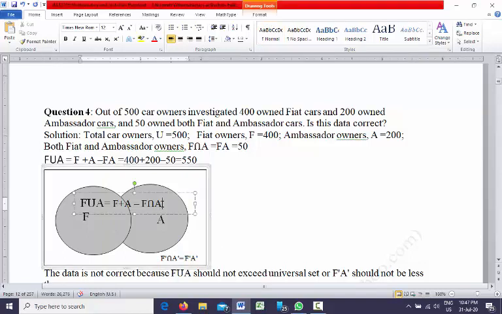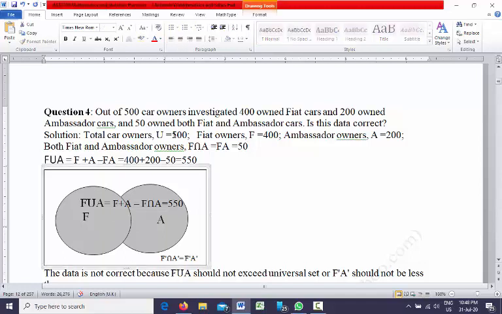After calculation, we have seen that the answer for this one is 550. But it cannot be. The total shaded area cannot exceed the rectangular area.